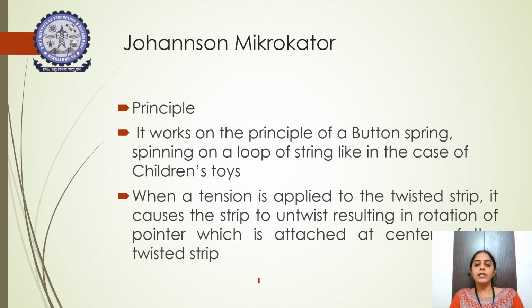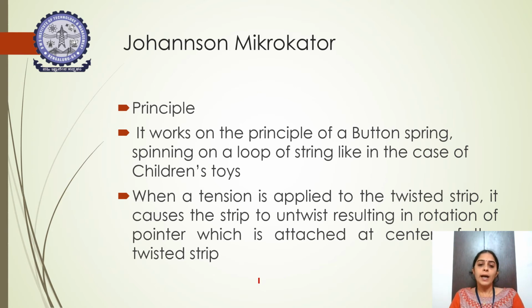When tension is applied to the twisted strip, it causes the strip to untwist, resulting in rotation of the pointer, which is attached at the center of the twisted strip. So this is the basic principle.